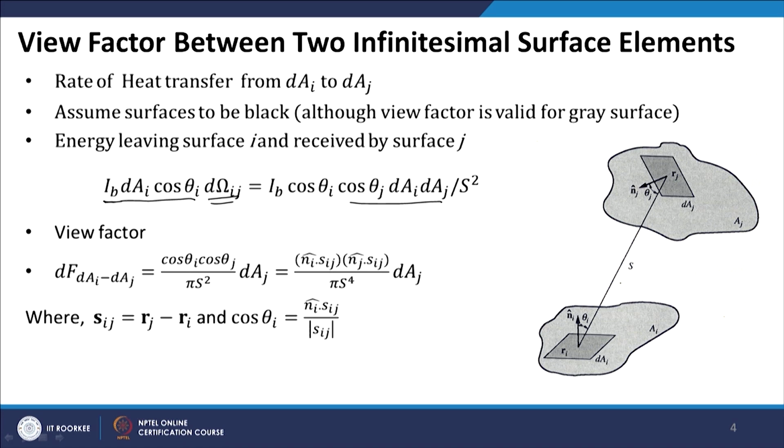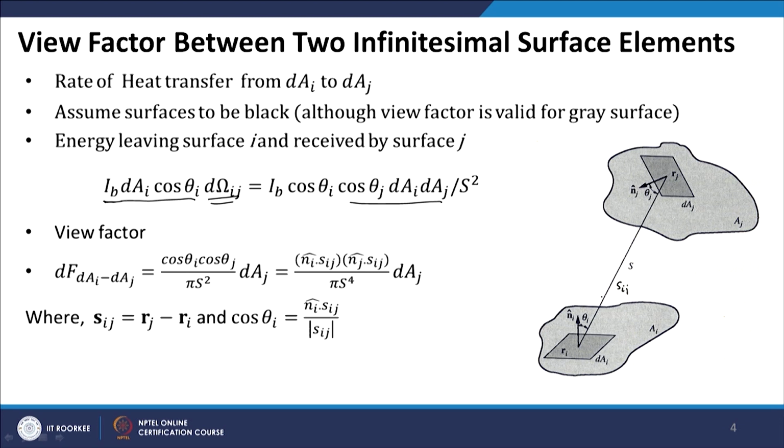Sij is the direction joining surface AI and surface AJ. So, along this direction the projected area of dAj is dAj cos theta j, and then divided by the distance between the two surfaces s square gives you the amount of energy leaving surface dAI and reaching surface j.